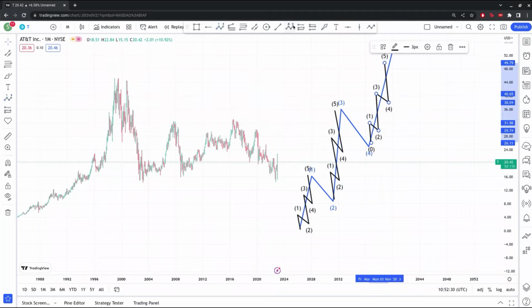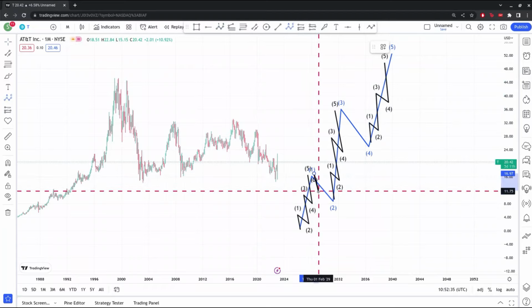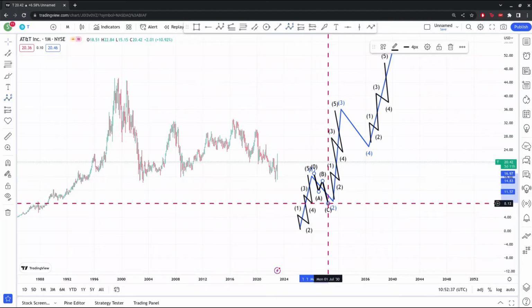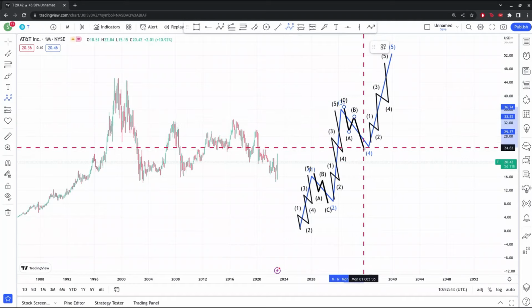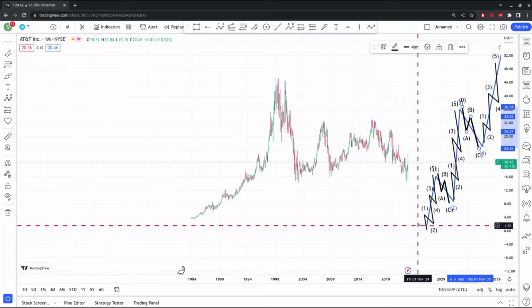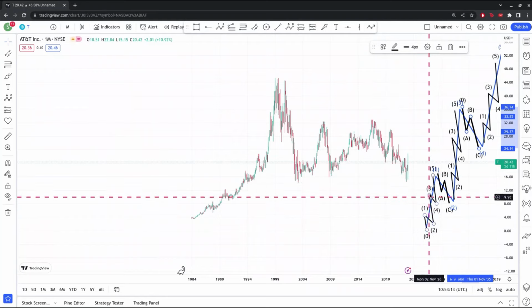Wave 2 and wave 4 are called corrective waves, and they have an ABC pattern, which is a 3-wave pattern. And wave 1, the first impulsive wave, has a 5-wave fractal within it.